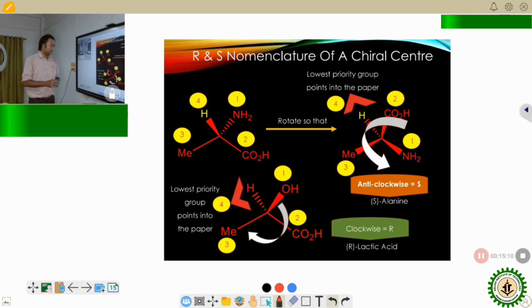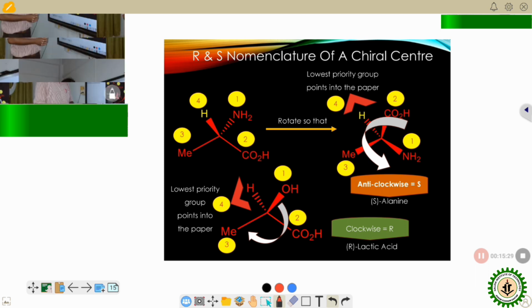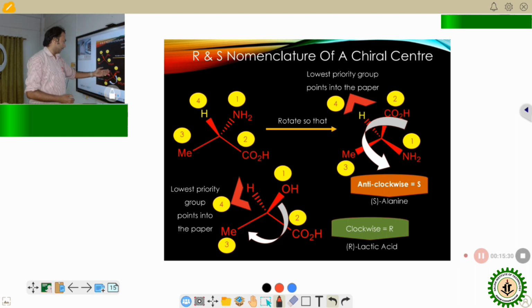Now, what about the R? It should be the opposite one. Okay, so if you see this structure, what happens is that hydrogen is obviously inside the plane of the paper, that is behind the plane of this board. Okay, this OH is above the plane, right? CO2H and Me are on the plane of the paper, right?